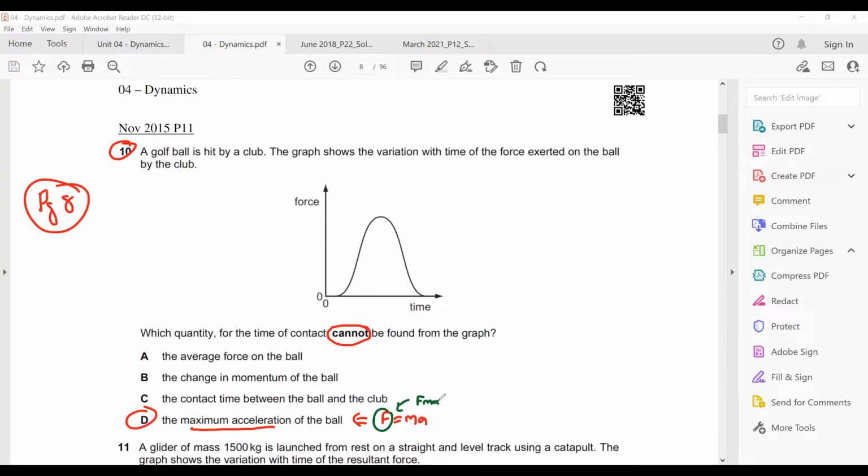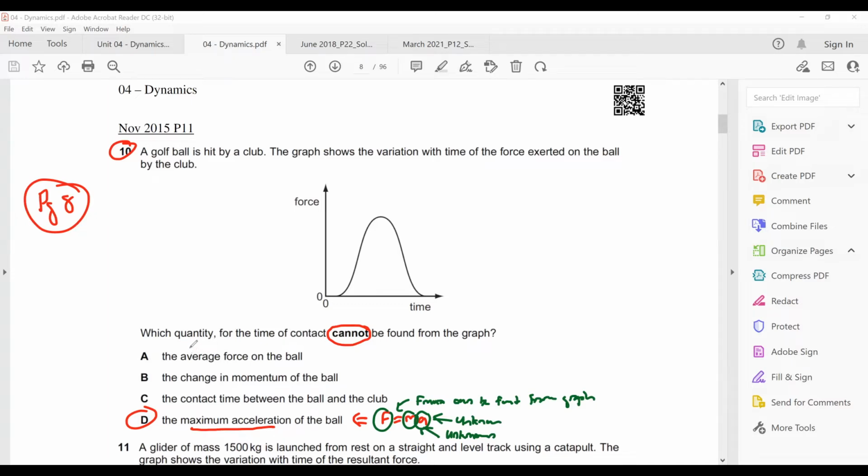F max can be found from the graph, but the mass itself is unknown. Actually the acceleration is also unknown. I cannot find out the acceleration from this graph. So D, the maximum acceleration of the ball, I cannot find.